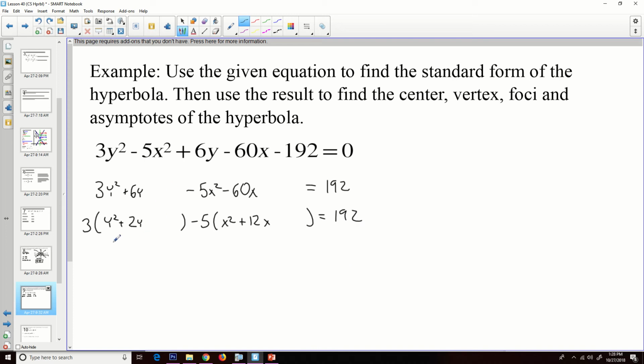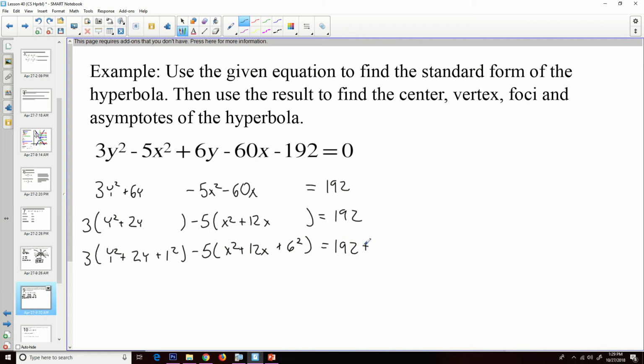Okay, so now completing the square, half of the b term is going to be 1, and so I've got y squared plus 2y plus 1 squared, and then minus 5 times x squared plus 12x, and then half of 12 is 6, and then we're going to square it, and then we get my 192.